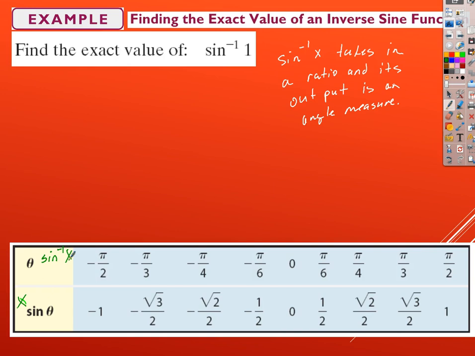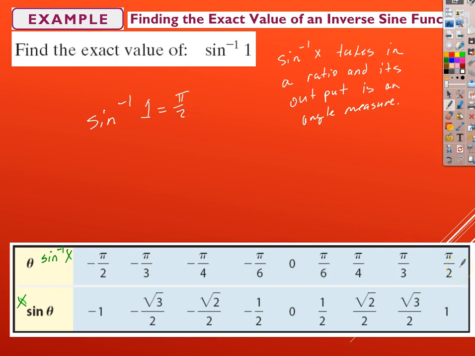So x in this case is 1. Where is it equal to 1? Over here. So sine inverse of 1 is equal to pi over 2.